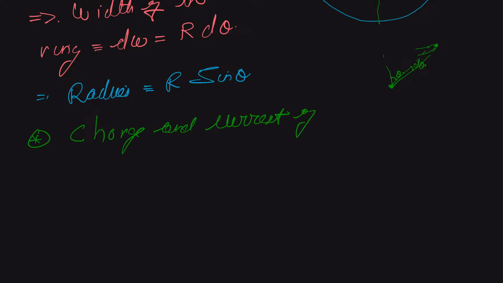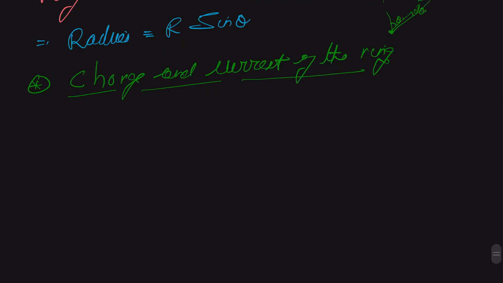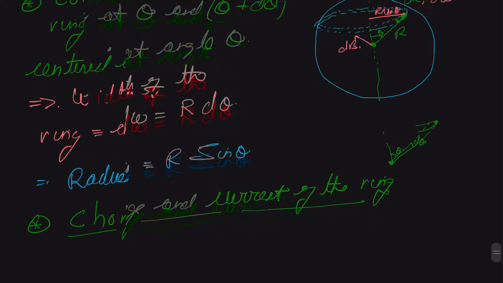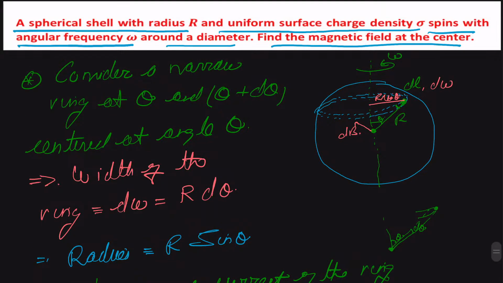Because this ring has length dl, width dw, let us suppose the charge it has is dq.